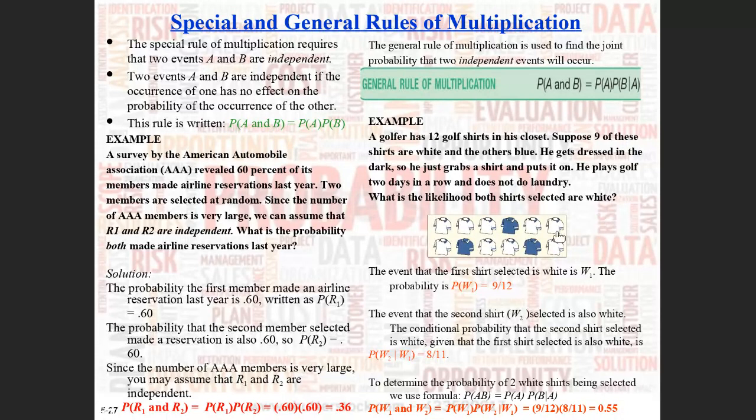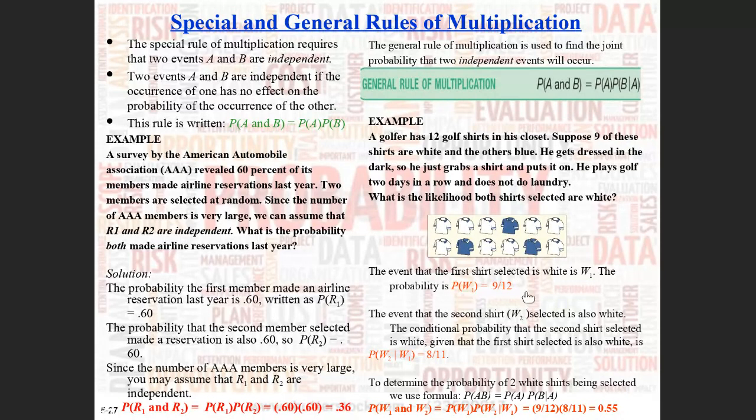What is the likelihood that, oh, sorry, he does change. So what is the likelihood both shirts selected are white? The event that the first shirt selected is white is W1. The probability P of W1 equals 9 over 12.